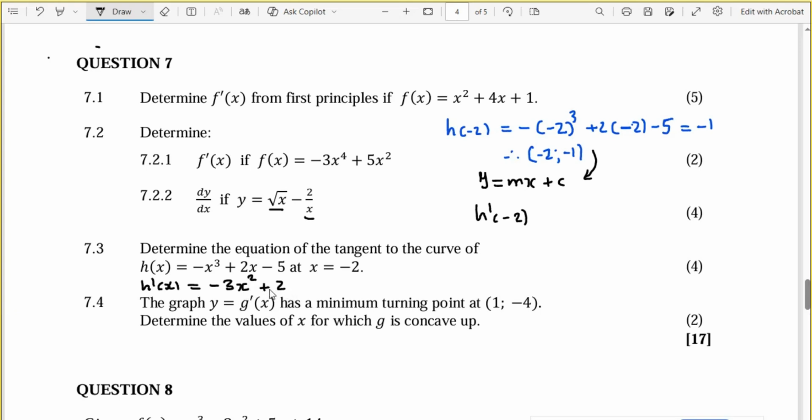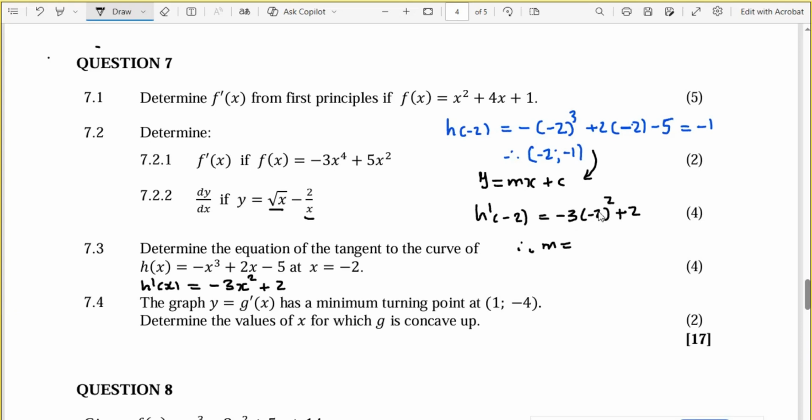So that is the derivative. Yes, sir. To find the gradient, where there's x, we need to put in minus 2. Therefore, the answer that you get is going to be your gradient. What is that? So this is 6 plus 2. Oh, this is 2 squared. Yes, sir.